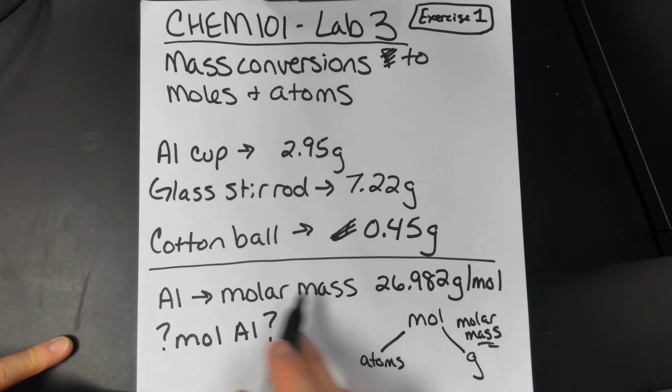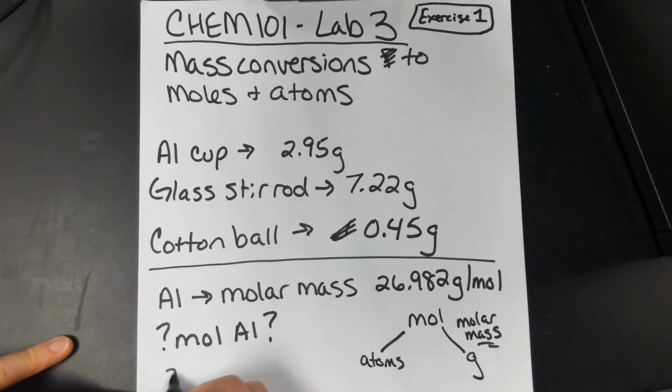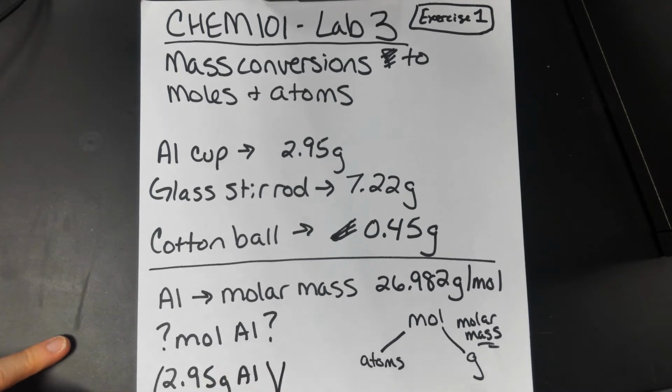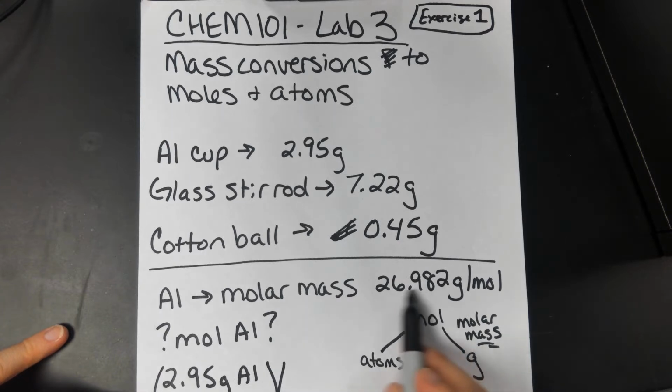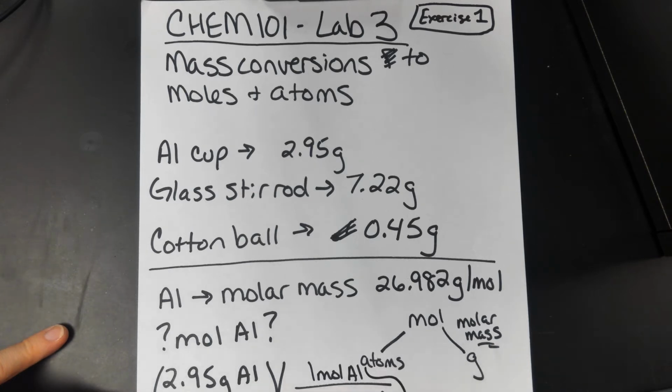Another way to think about it is take your given 2.95 grams of aluminum, put that over 1, and then I'm going to need grams of aluminum on the bottom, 26.982 grams of aluminum for every 1 mole of aluminum. Okay. And then you multiply the top and divide by the bottom.